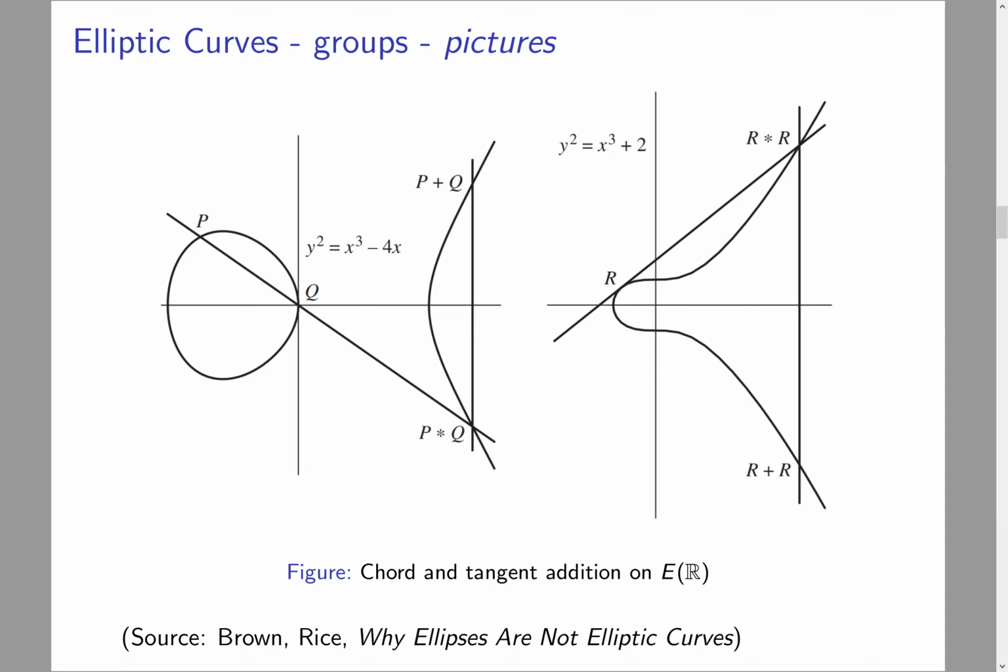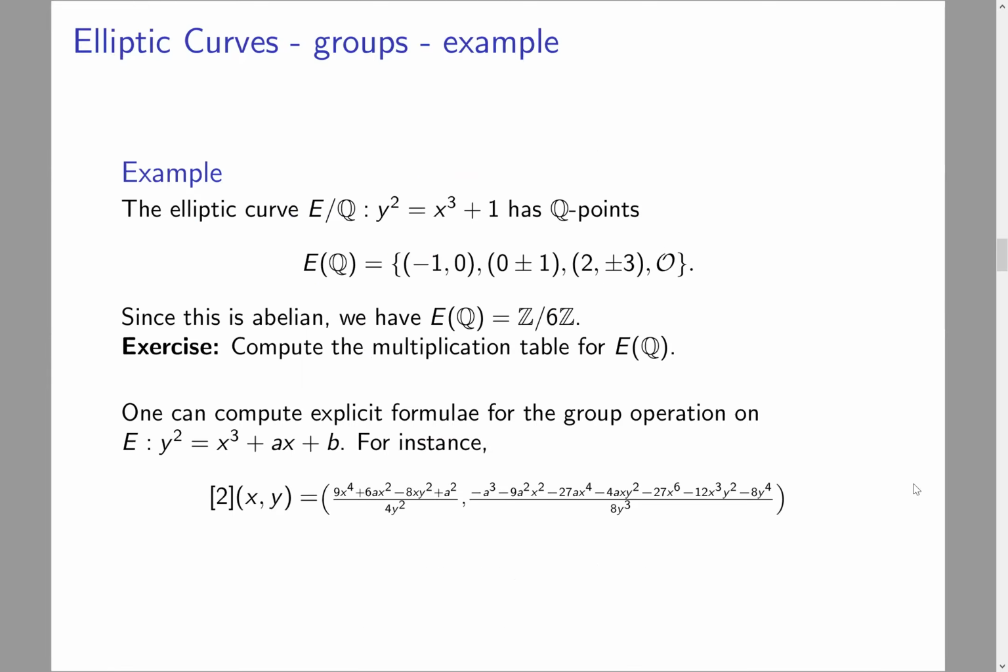But as I said, we would like to think about examples today a bit more carefully. So let's go back to that one that we started with and say, okay, I've got y squared equals x cubed plus 1. That's an elliptic curve over Q, I'm going to say, because the coefficients evidently are all rational numbers, a and b here.